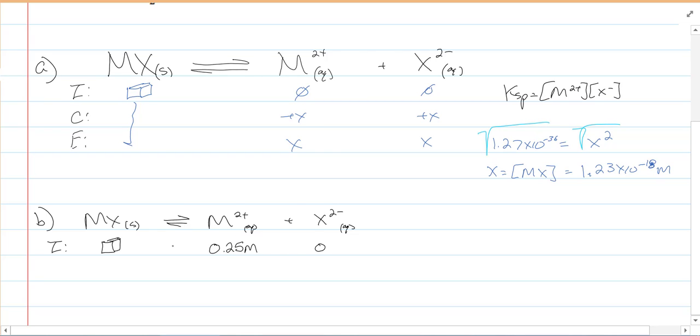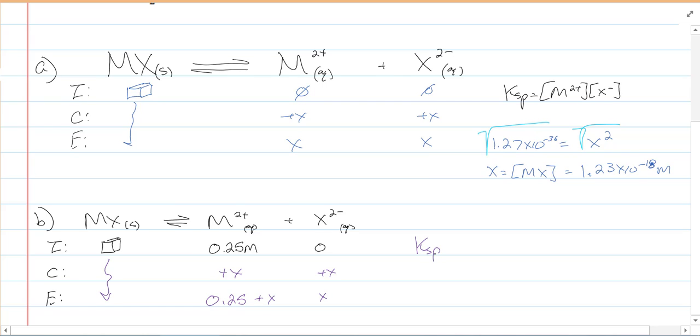And remember, my common ion, which in this case would be M2 plus, addition of common ion always suppresses the ionization of the weak electrolyte. In this case, MX would be the weak electrolyte. Change, equilibrium, the change is still the change, plus X and plus X, so I get 0.25 plus X and X.